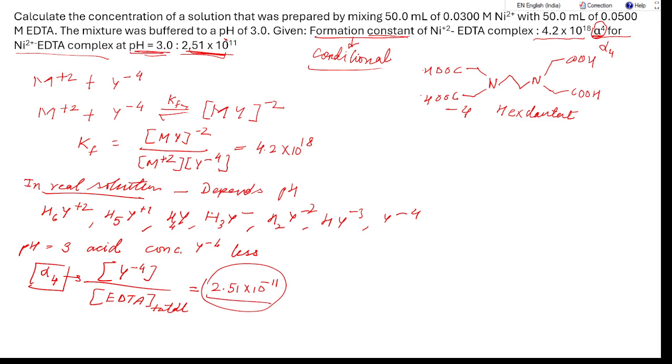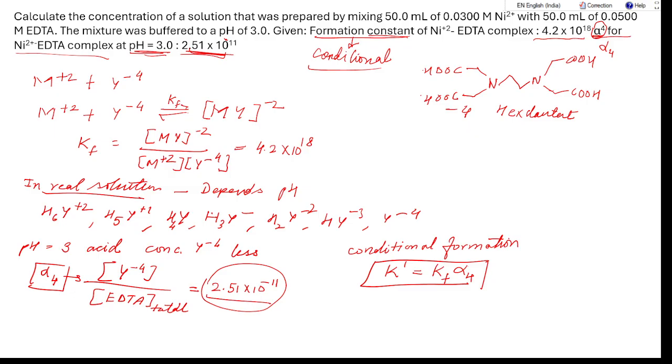So now the new conditional formation constant, let's say K' is equal to Kf multiplied by alpha 4. This is the new formula for your conditional formation constant.